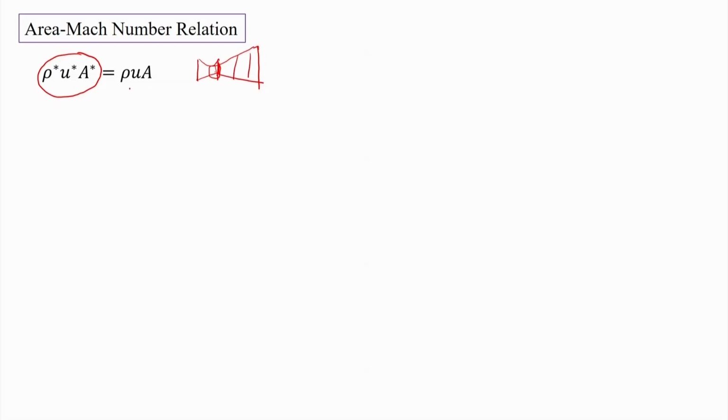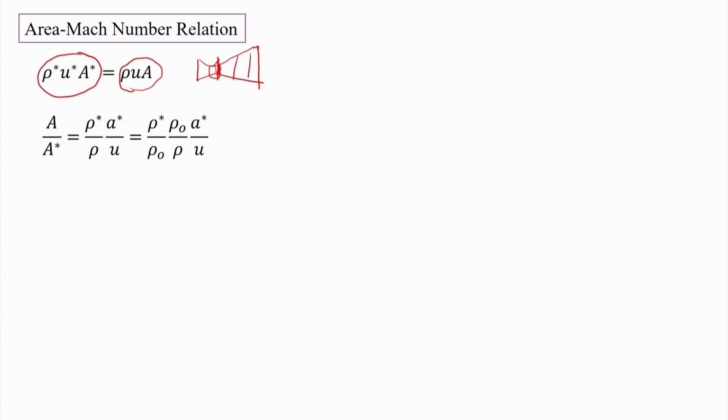So we are considering rho u A in any section, and rho star u star A star is the mass flow rate through the sonic section. Then A by A star is equal to rho star by rho into a star by u.